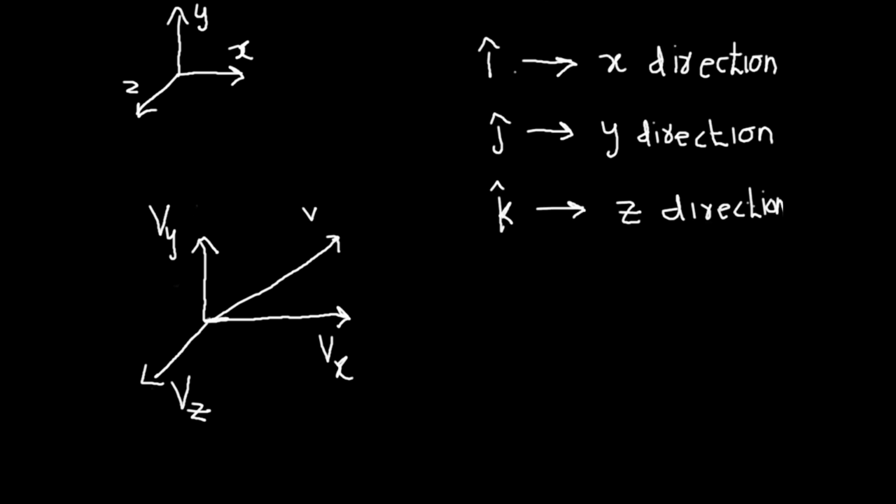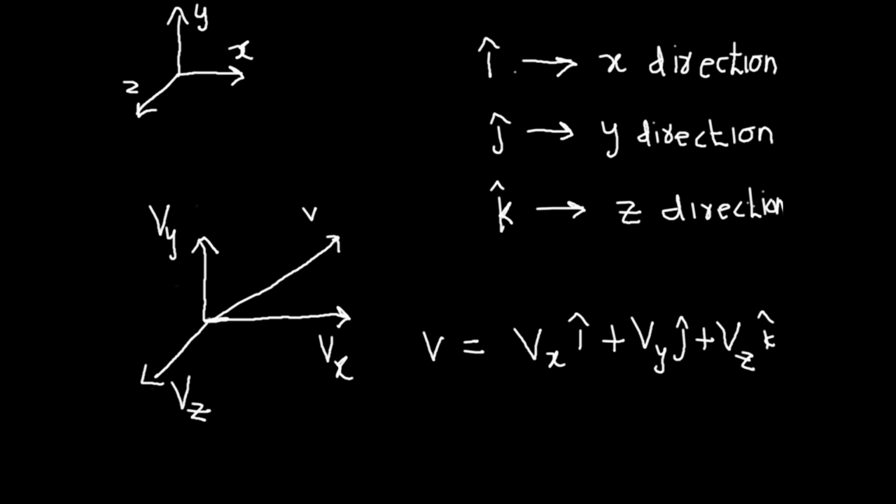Like that, there is a z-axis component. And another question is how do we represent these components? For that we have some elements, that is i cap, j cap, k cap. For this vector v, we can represent it as vx i cap plus vy j cap plus vz k cap.